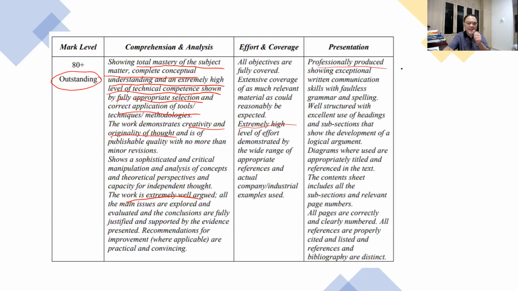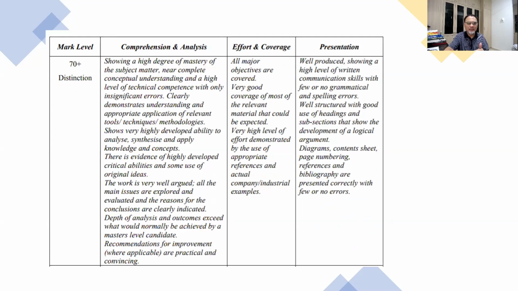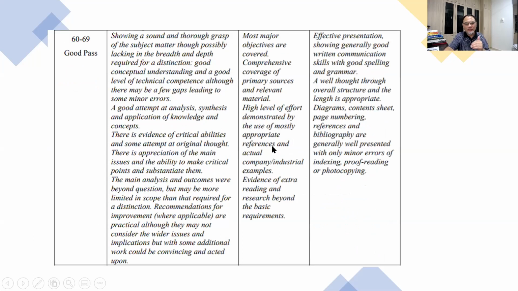So this is suitable, or you deserve to get an A. If not, you go down, you'll get a B. Okay, some level of mastery, very good coverage of most of the relevant material, very high level of effort, and if you go lower, you can get a B minus. Okay, sound and thorough grasp of subject matter.